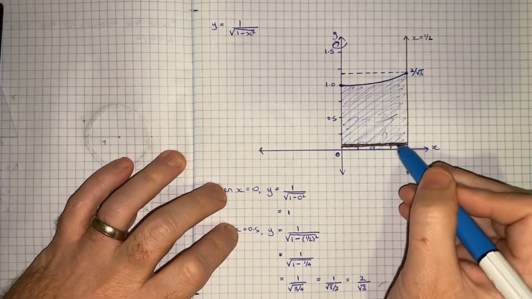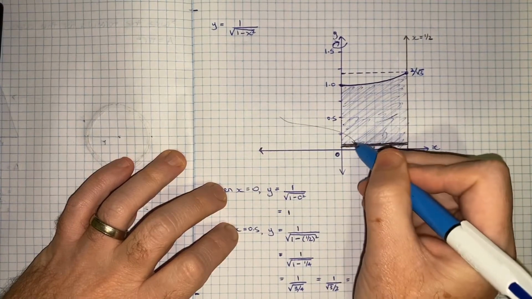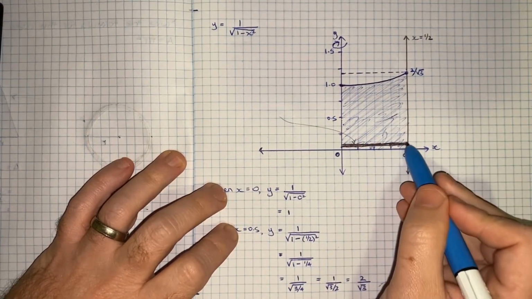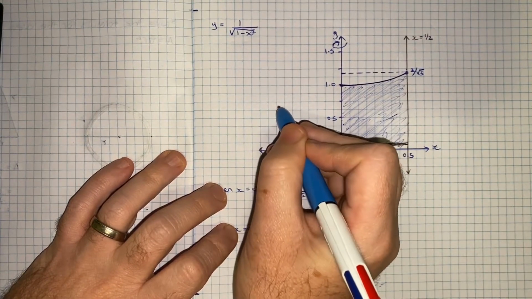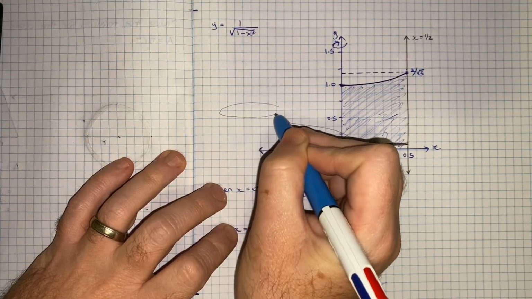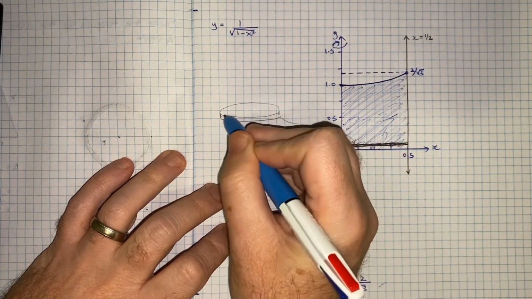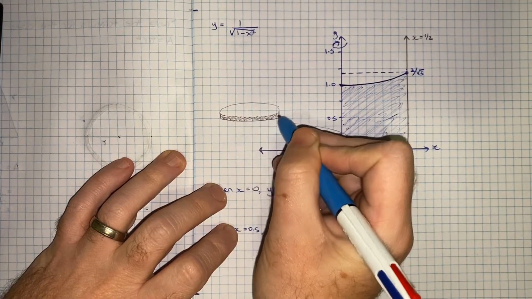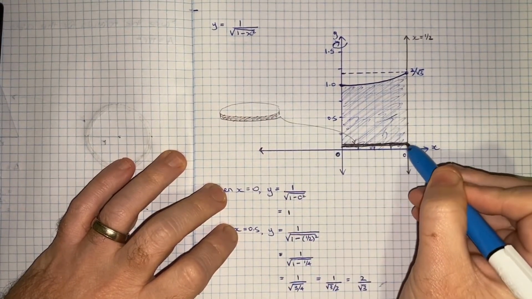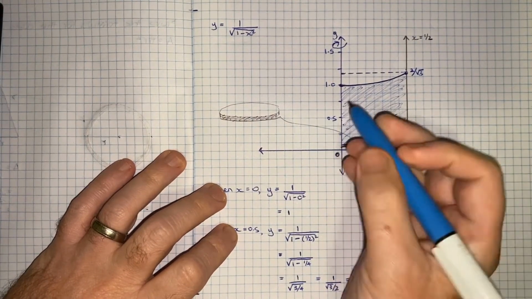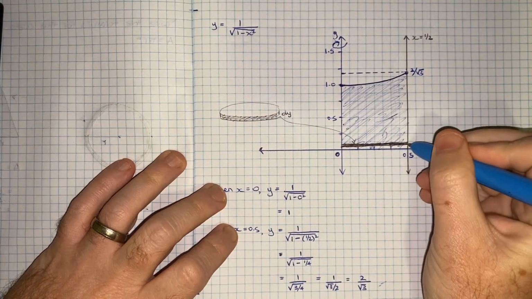If we rotated this around, and I draw it off to the side, we'd essentially get what I like to think of as a coin. It looks like a coin from a bird's eye view, where the coin's height is this thickness here, which we typically call dy, because it's some movement in y.